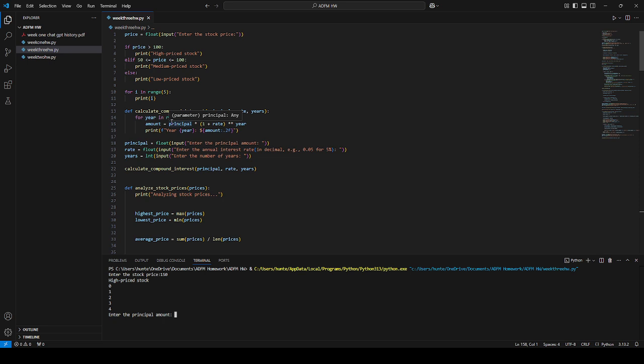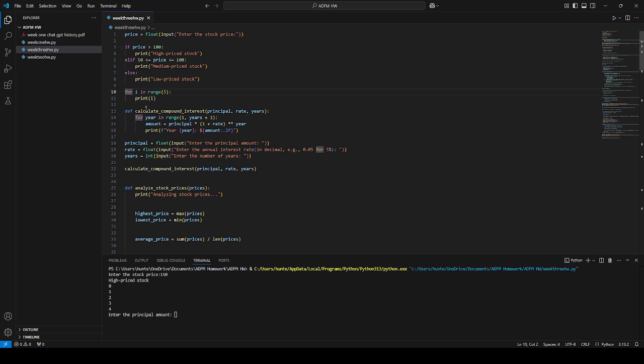It tells Python to repeat the block of code, and range is the function that generates the sequence of numbers right here. So this is the sequence of numbers 0 through 4.